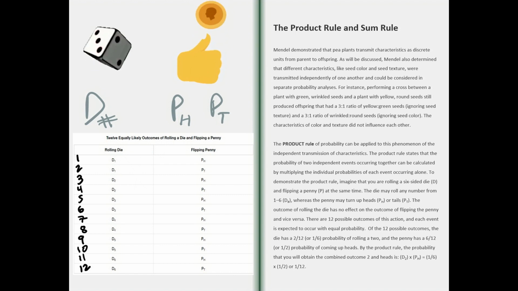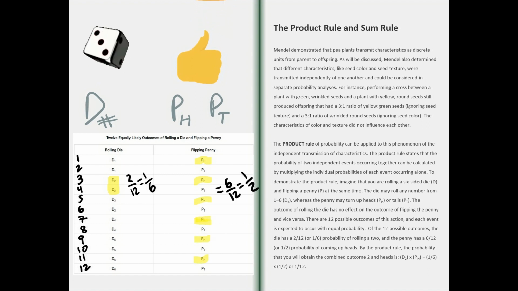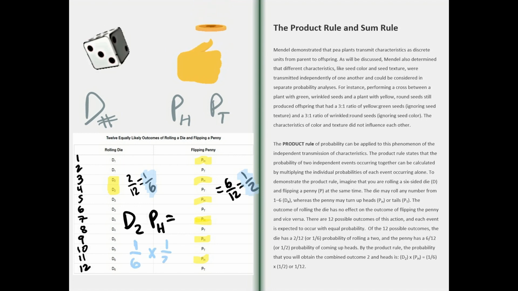Of the 12 possible outcomes, the die has a 2 out of 12, or 1 out of 6, probability of rolling a 2, and the penny has a 6 out of 12, or half, probability of coming up heads. By the product rule, the probability that you will obtain the combined outcome of rolling a 2 and flipping a heads is 1/6 times 1/2, or 1/12.